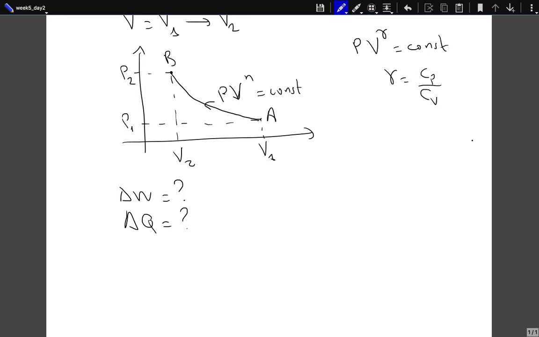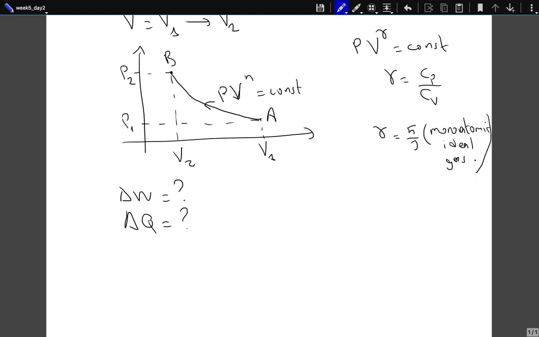And for a monatomic ideal gas, gamma is just 5/3. Monatomic ideal gas meaning that we ignore any internal structure of the atoms. But here n is arbitrary, we don't know.